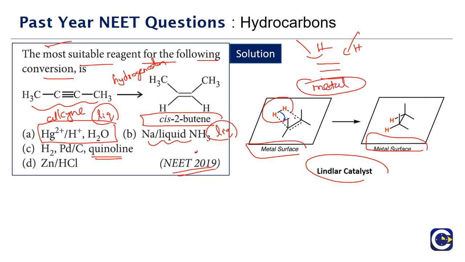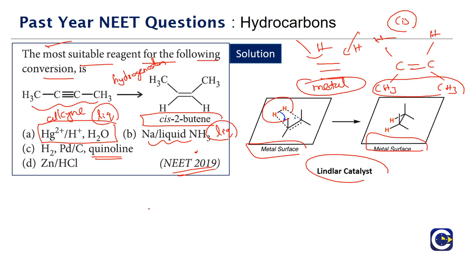As a result, in the final compound the hydrogens will be on the same side, and the other groups end up on the same side too. This gives us typically the cis form of the alkene.